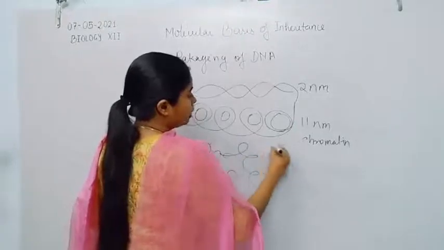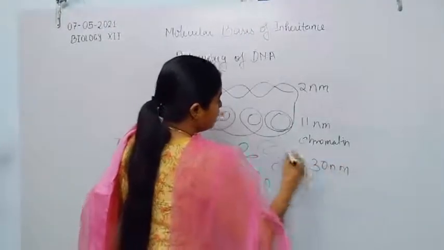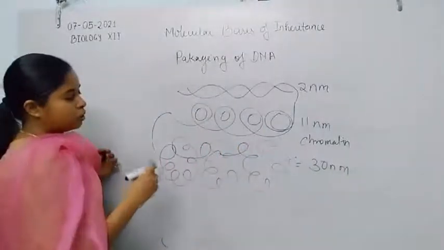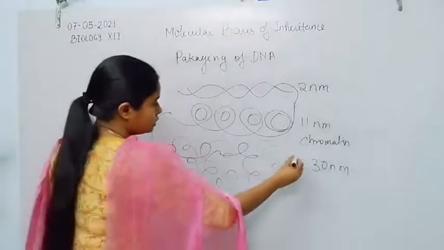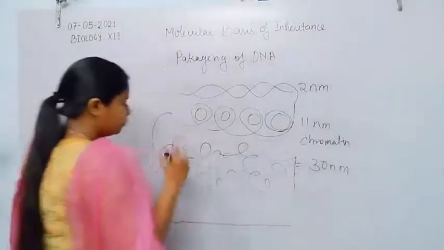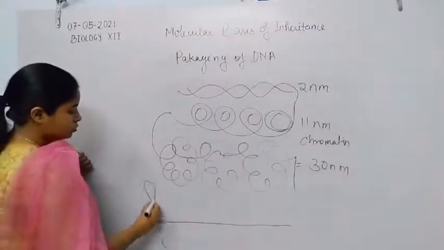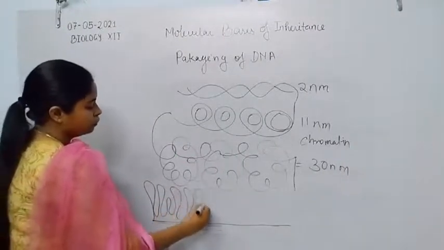The solenoid structure becomes more condensed to form the 30 nanometer structure, and the 30 nanometer structure becomes more condensed on an axis, that is also known as protein scaffolding.